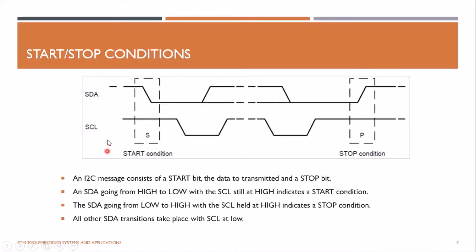And these are the start and stop conditions. The start condition happens when the clock line is set high and the master pulls the data line down. And then the master will start the clock pulses.